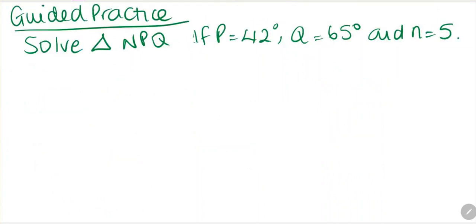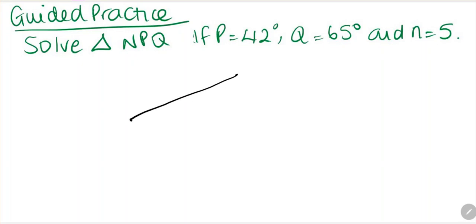Okay, so guided practice. Solve triangle NPQ if P is 42 degrees, Q is 65 degrees, and little n is 5. So let's draw this triangle.